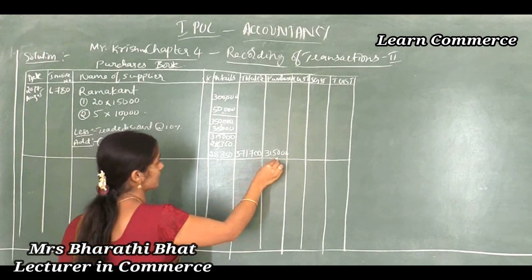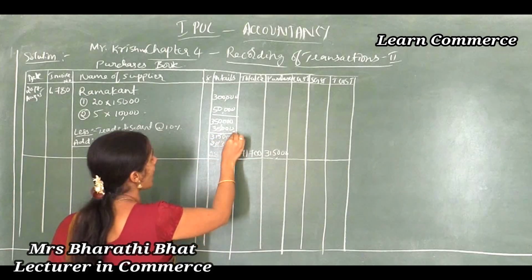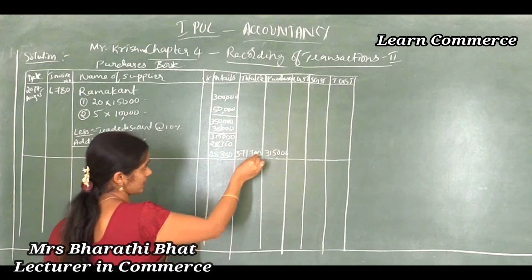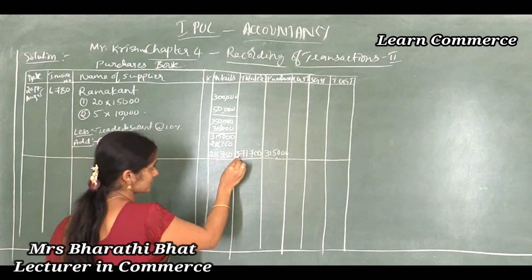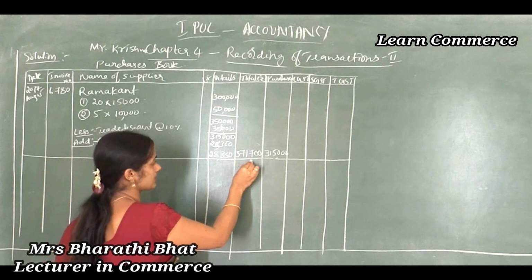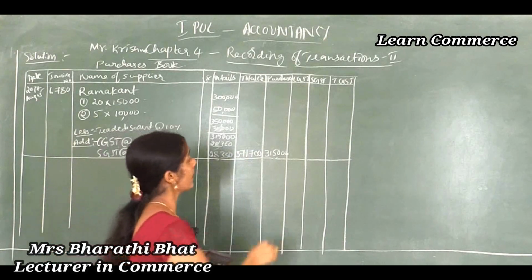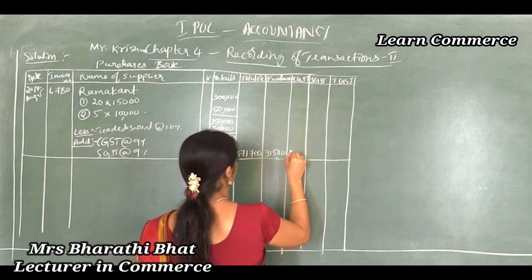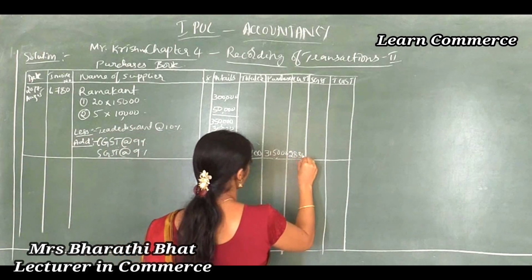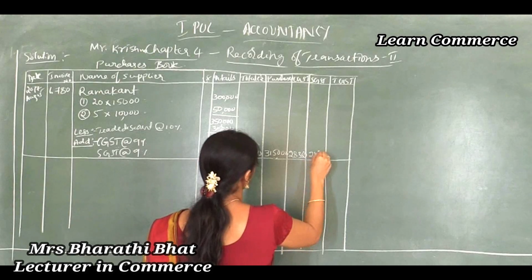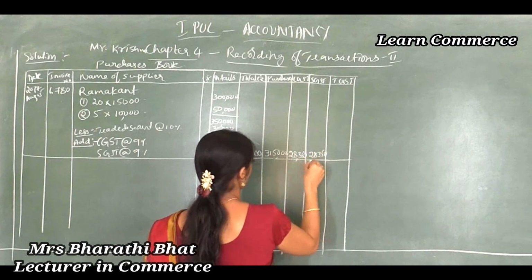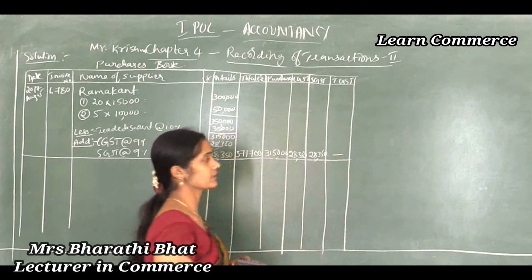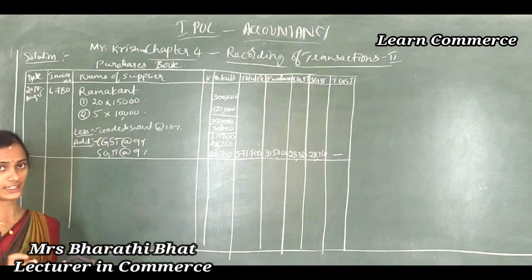So 3,15,000 is the total purchase. After adding this GST, the total value of purchases is rupees 3,71,700, and CGST 28,350 and SGST also 28,350. Like this you have to record. There is no IGST. Clear now?